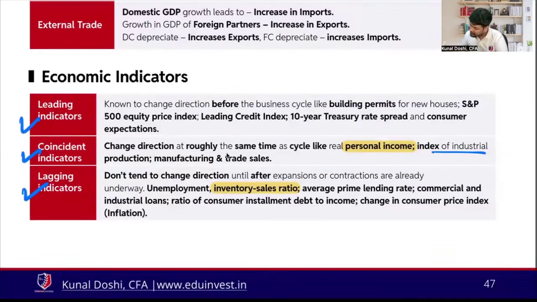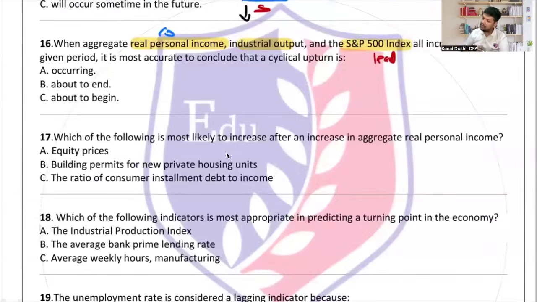Now, apart from that, industrial loans and the ratio of consumer installment credit are lagging indicators. So see here, all increase in a given period. The leading, lagging, and coincident indicators, all of them are increasing.